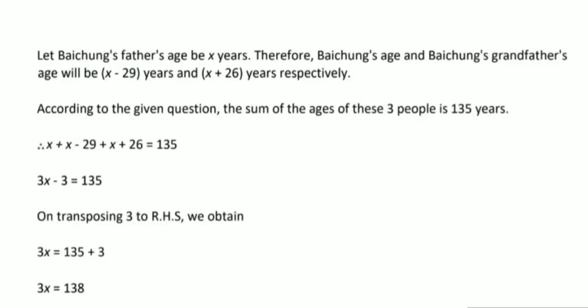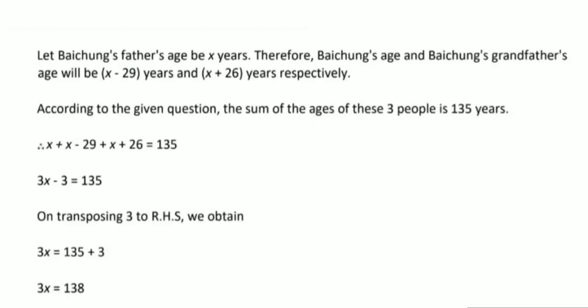Because minus 29 and plus 26, what will come? Minus 3. So the equation is 3x minus 3 is equal to 135. Now on transposing 3 to right hand side, we obtain 3x is equal to 135 plus 3.